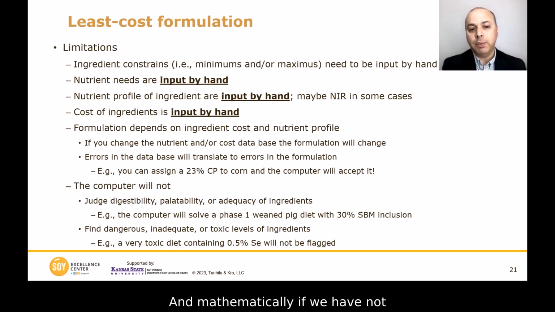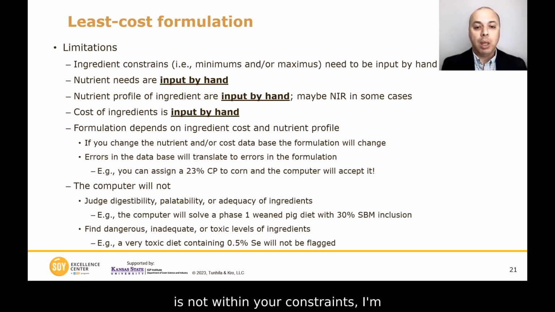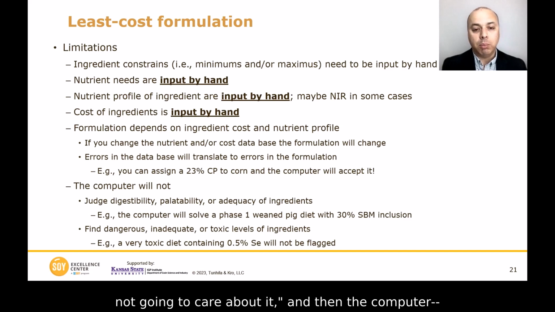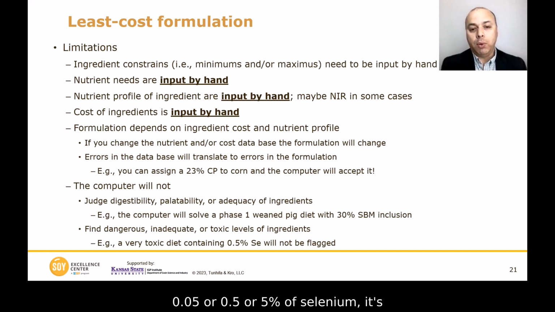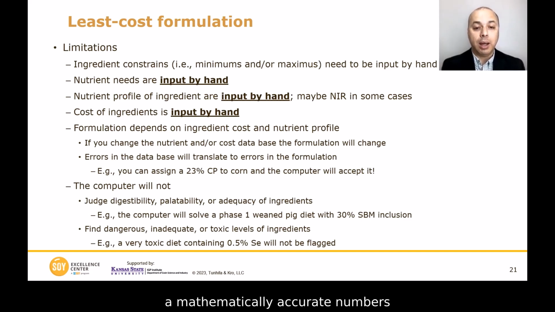And mathematically, if we have not put a maximum level for selenium, if we let them free floating, or if we make a typo, the computer is going to say, hey, if selenium is not within your constraints, I'm not going to care about it. 0.05 or 0.5 or 5% of selenium, it's the same thing. It's simply going to calculate it and give us mathematically accurate numbers, but those numbers are not necessarily nutritionally adequate.